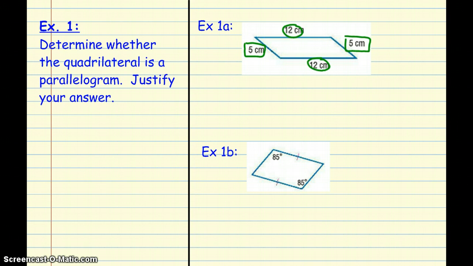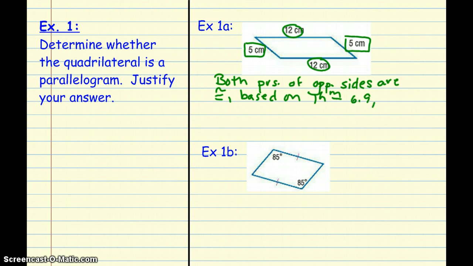So, because we see that both pairs of opposite sides are congruent, and based on theorem 6.9, this is a parallelogram.